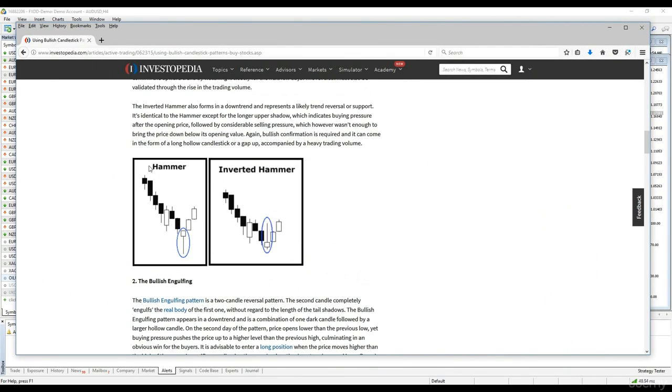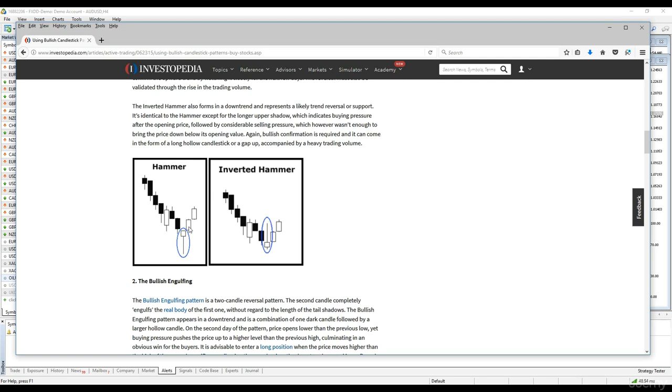So this candle here is called a hammer, and a hammer is an inverted hammer. Sorry, this is the inverted hammer and this is the hammer. A hammer is a reversal candlestick pattern that happens when the chart is in a bear trend and it comes to a bottom and we get this nice long wick to the downside, and then the candle is actually a bullish candle.